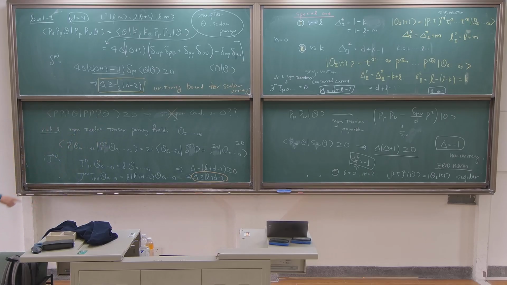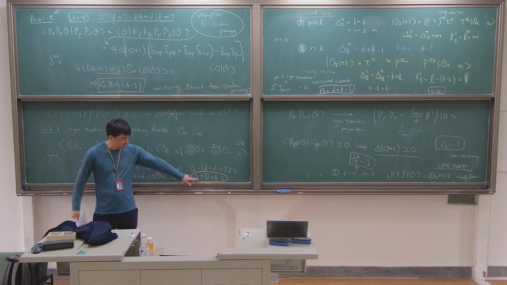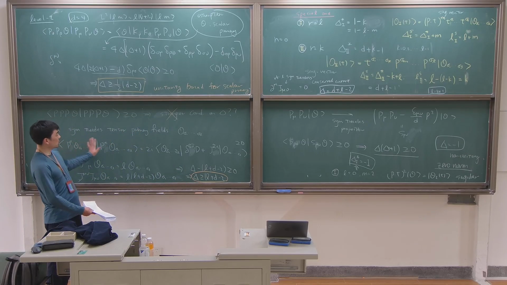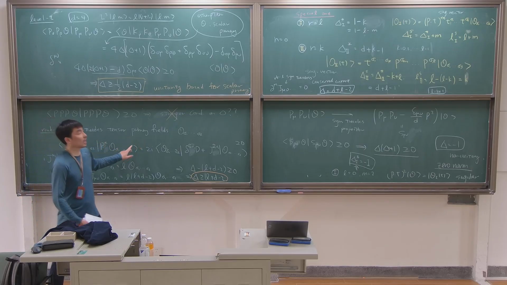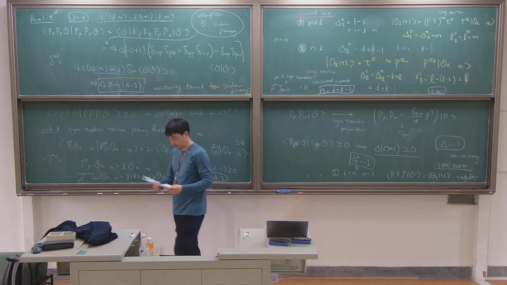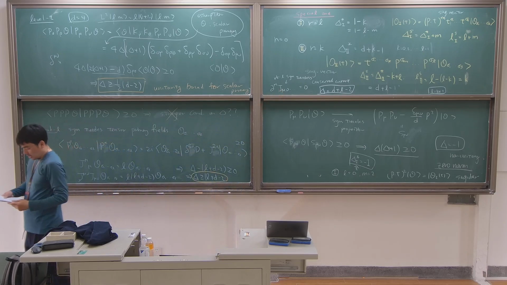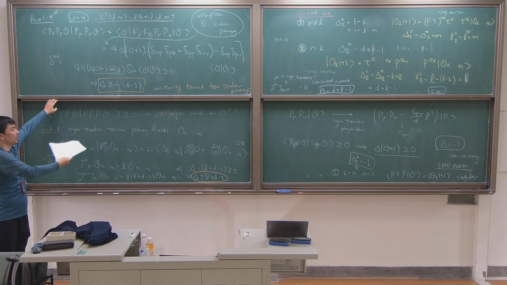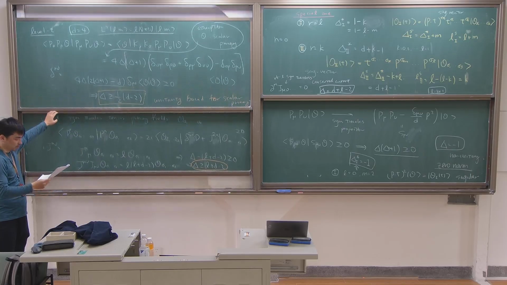But anyway, if you do the same analysis, you should get the same conclusion. The dimension is bounded by L plus D minus 2. When it's saturated, this state will vanish. This is exactly corresponding to current conservation. Okay, so that's the relation between the singular vector in the conformal algebra and the unitarity bound.